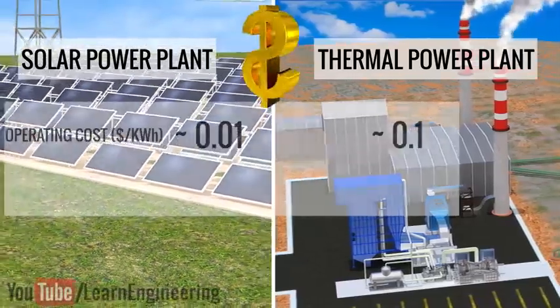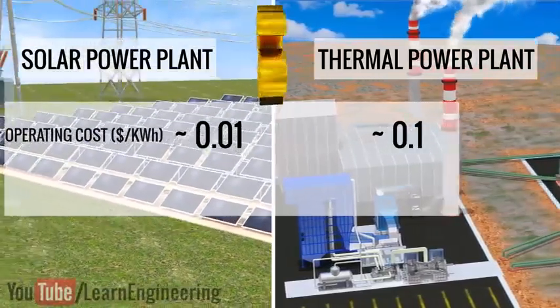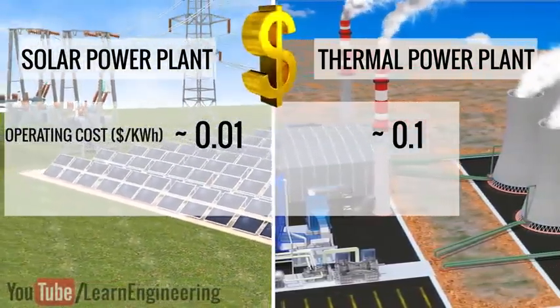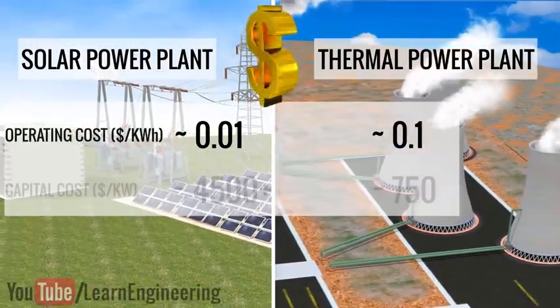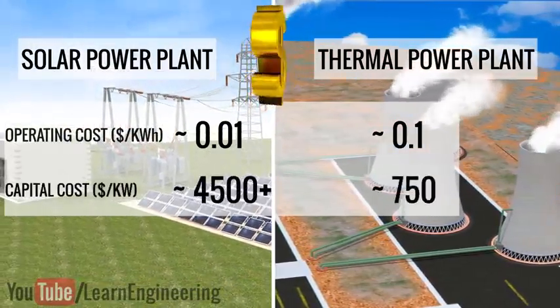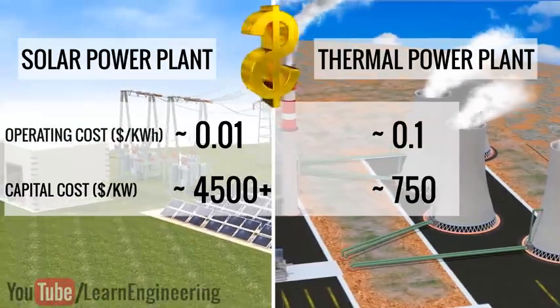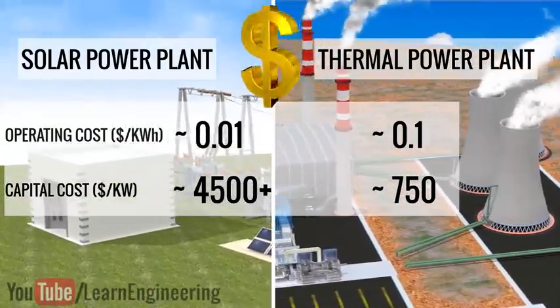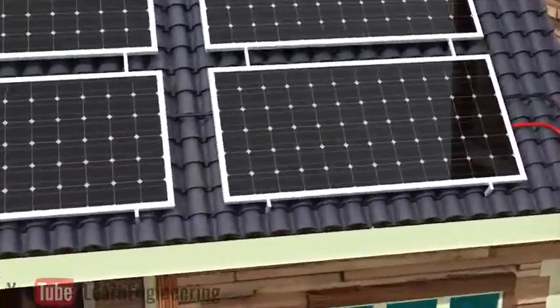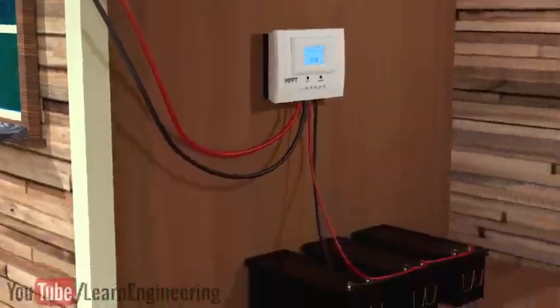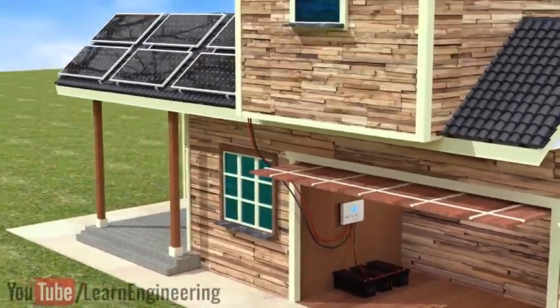Even though running costs of PV cells are negligible, the total global energy contribution of solar voltaic is only 1.3%. This is mainly because of the capital costs and the efficiency constraints of solar voltaic panels, which do not match conventional energy options. Solar panels on the roofs of homes have the option to store electricity with the help of batteries and solar charge controllers.